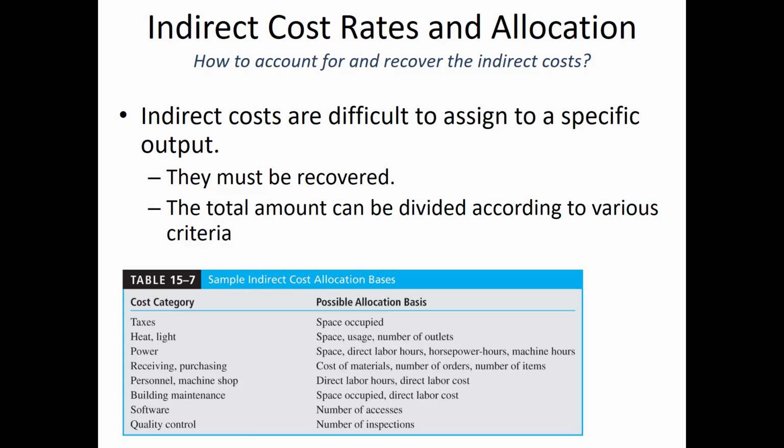And so, if you've got these property taxes that have to be paid, then what this is suggesting is one of the ways to figure out how much of the property taxes you're going to try and recover, like building into the price of your bicycle gears versus building into the price of the Twinkies, would be on the basis of the space occupied. So why do you think that's the suggested allocation basis? Why do you think they're saying it should be on the basis of square footage of how much each activity is taking?